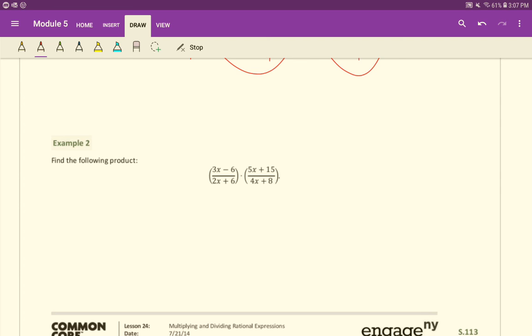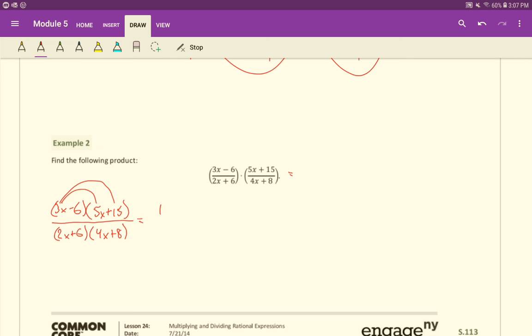All right, so let's give this a go here. So this will be equal to, actually I'll do it down here. We're going to do 3x minus 6 times 5x plus 15 all over 2x plus 6 times 4x plus 8. Okay, and so we'll distribute 3x times 5x, 3x times 15.